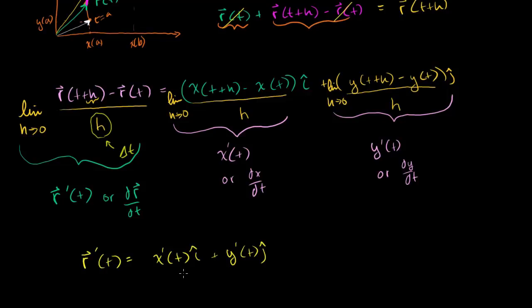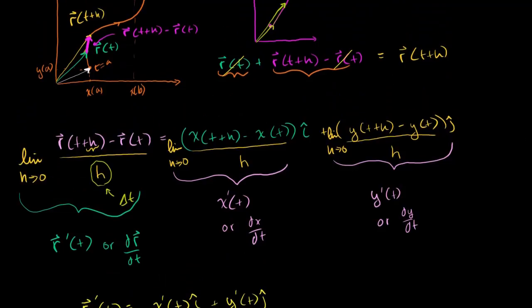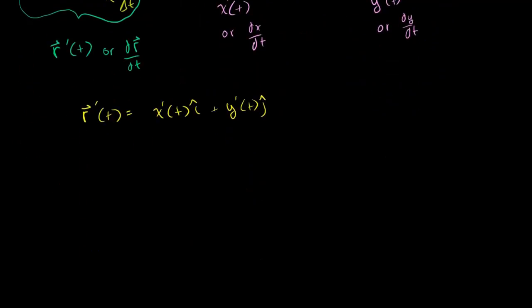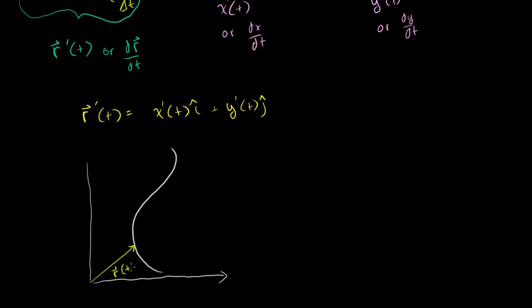But the harder thing, maybe, is to visualize what it represents. So let me draw a big graph just to get the visualization going in a healthy way. Let's say my curve looks something like this. That's my curve. And let's say we want to figure out the instantaneous change at this point right here. So that is r of t.